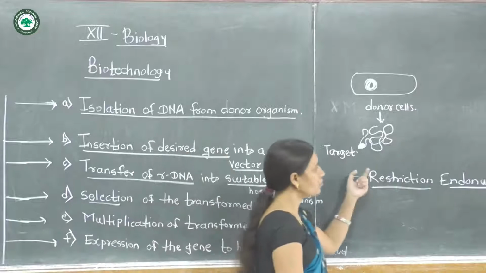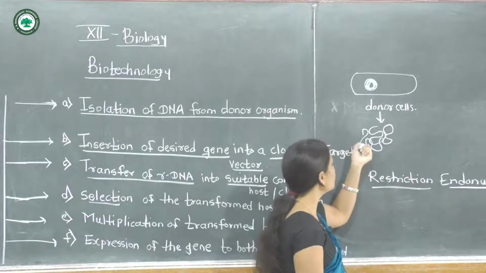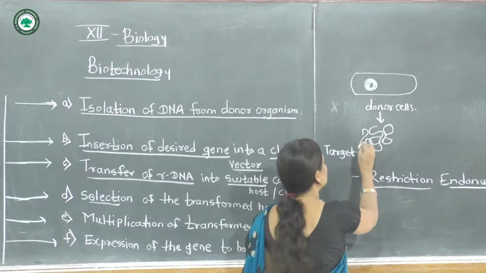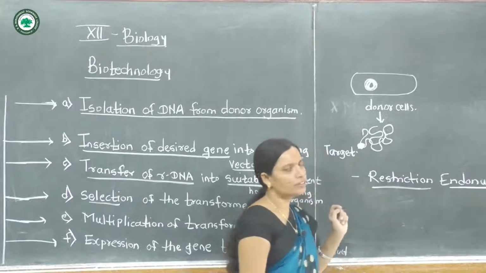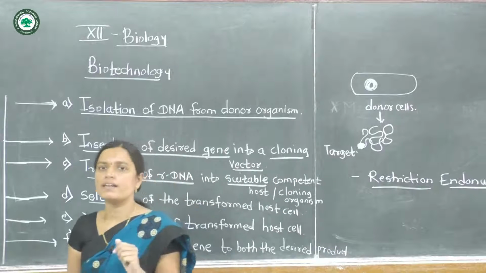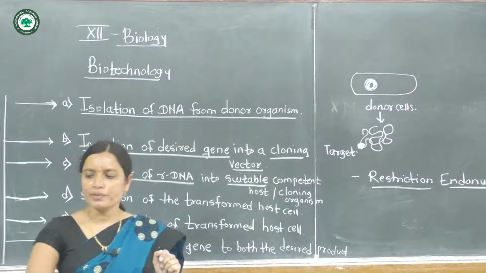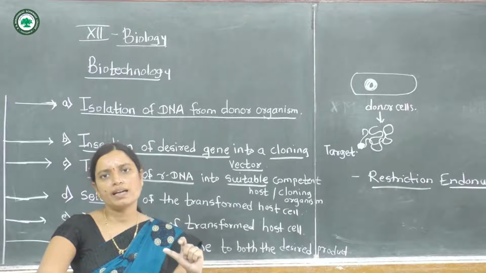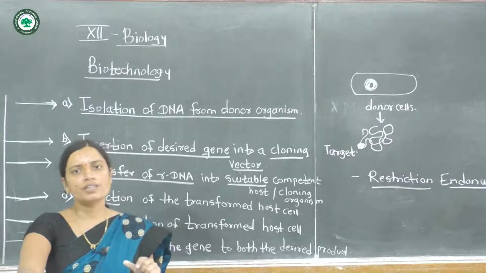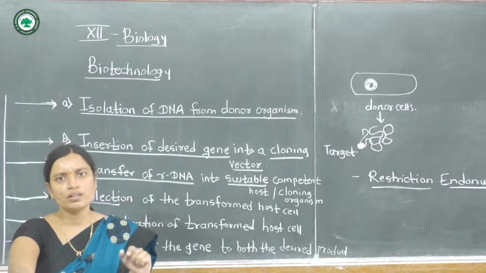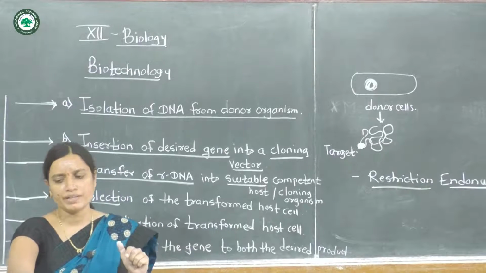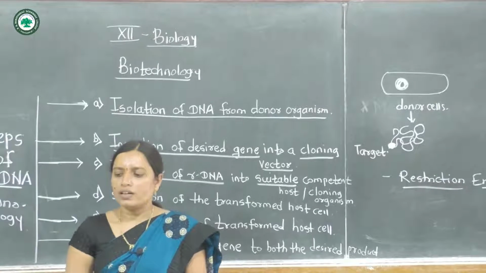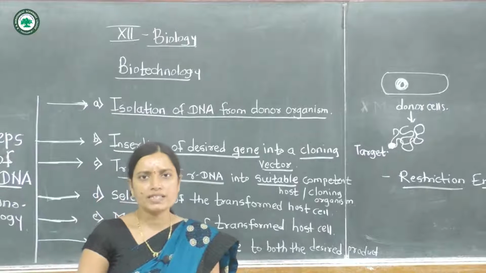Its most important function is to cut the specific fragment of the DNA at the target point in the host cell. The DNA can be isolated or cleaved at the specific target point. This restriction endonuclease is useful for cutting specific DNA fragments, and these enzymes cleave at a specific site called the restriction site.